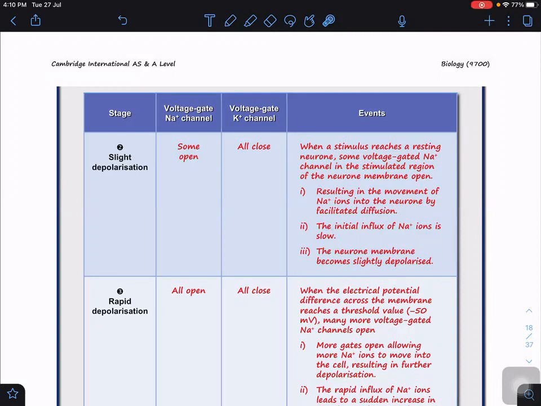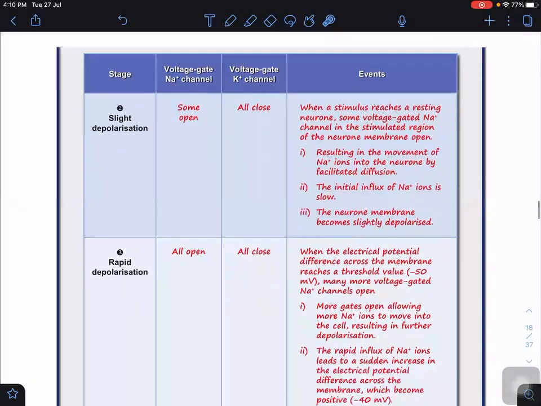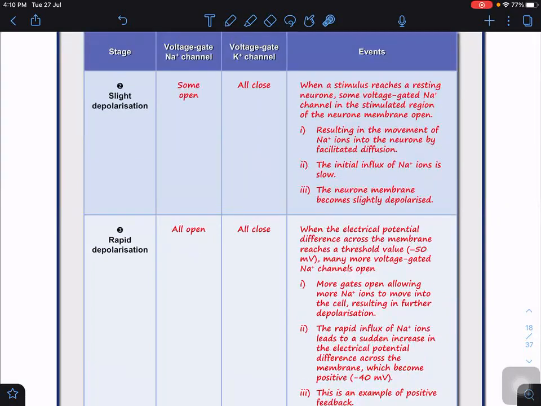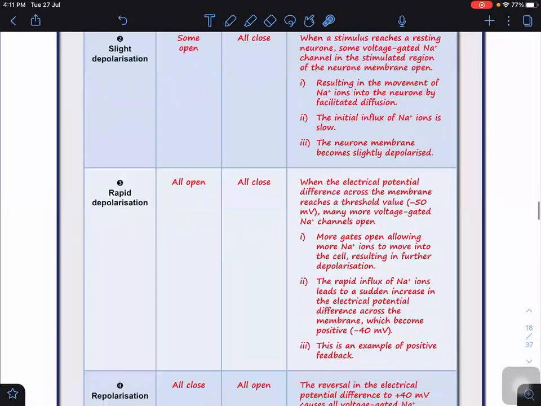From -65, maybe it becomes -63, -62, until it reaches a threshold value, which enters phase number 3, termed rapid depolarization, where all voltage gated sodium ion channels open while voltage gated potassium channels still remain closed. This only happens when the membrane potential reaches the threshold value or threshold potential of -50 millivolts.